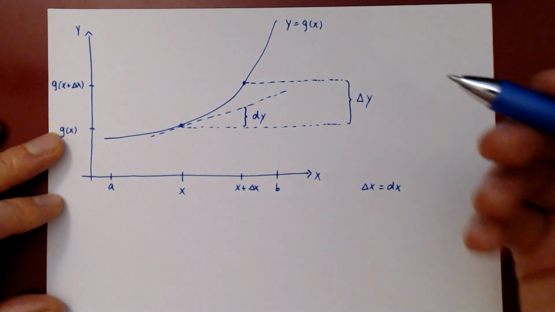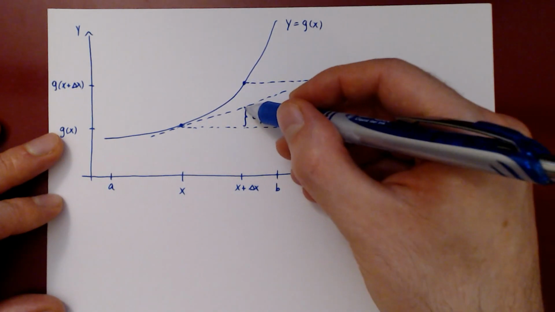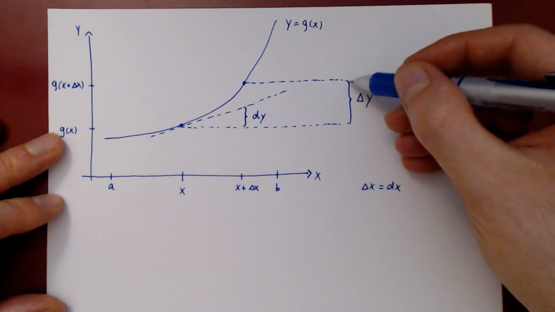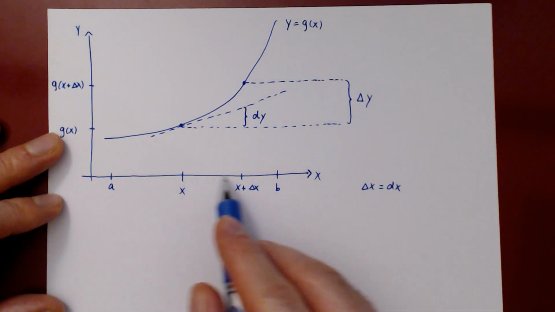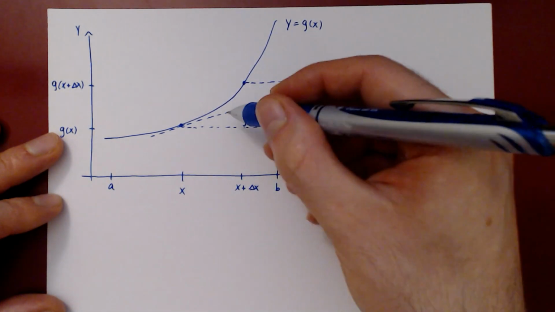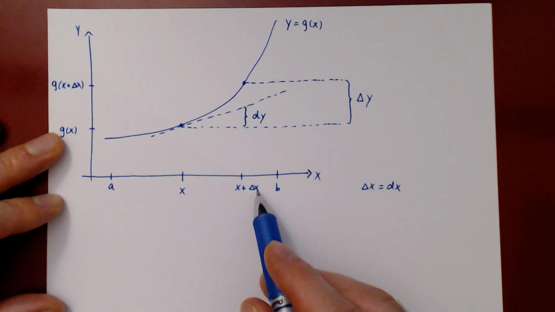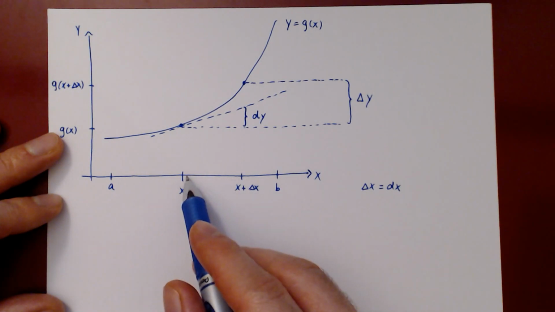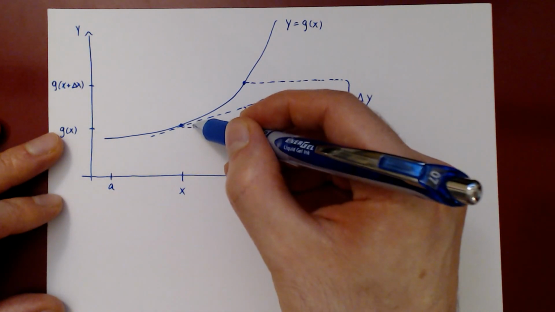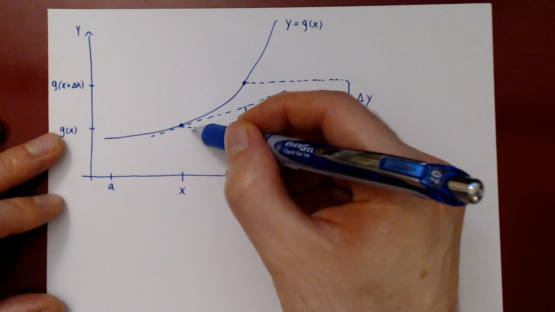Now it's clear from the picture that dy, the differential, the change along the tangent line, and delta y, the exact change along the function for the same change in x, are obviously different. What is interesting is that the smaller delta x is, the closer the second point is to the first point, and so the closer the change along the tangent line is to the exact change in the function.